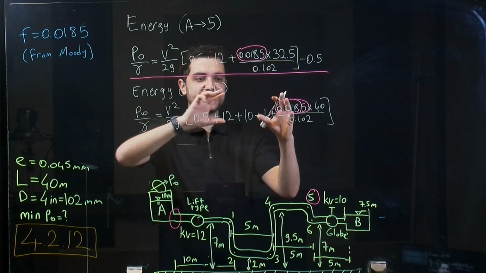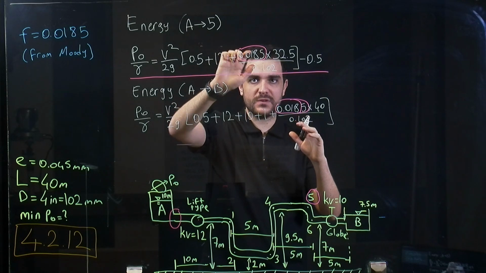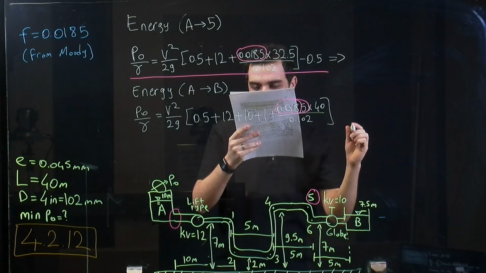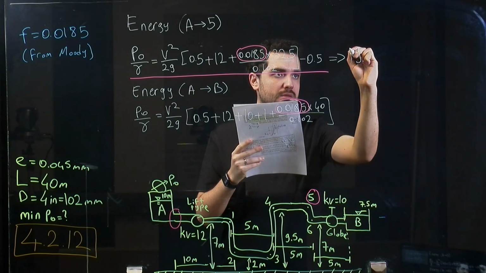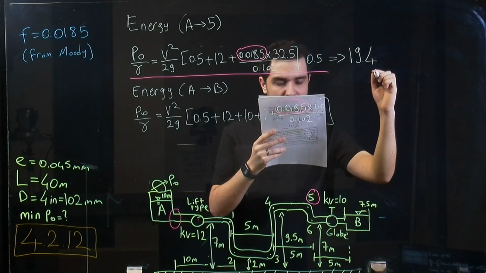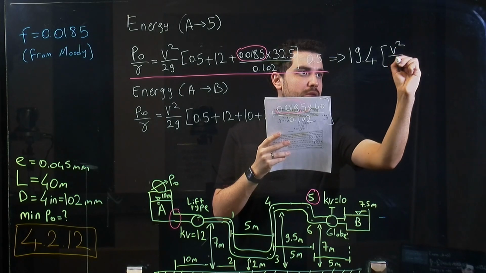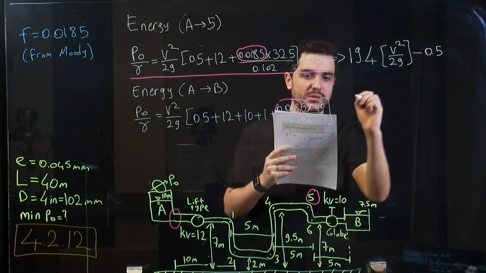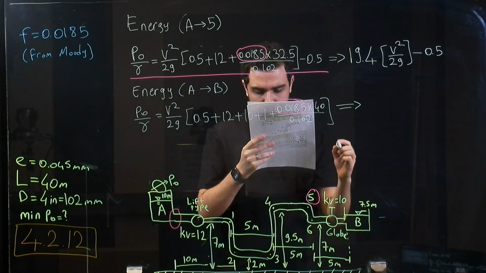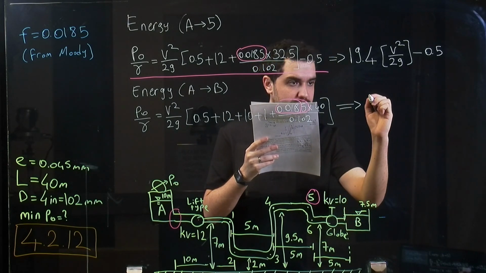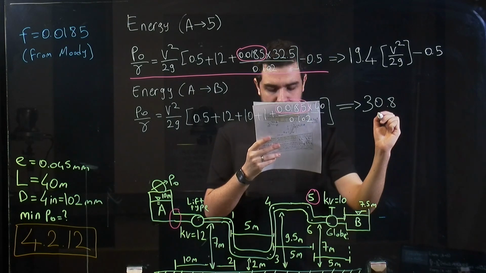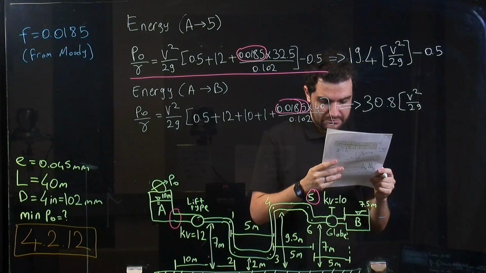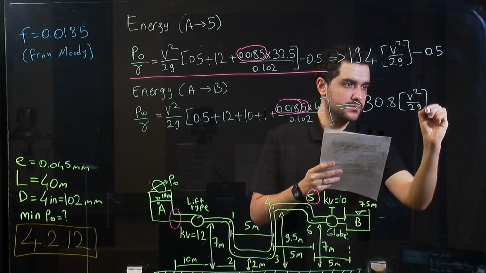So we just replaced the previous friction factor value with this new one, and from here we can get G minus 0.5, and from here minus 2.5.